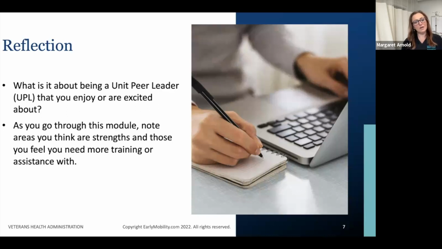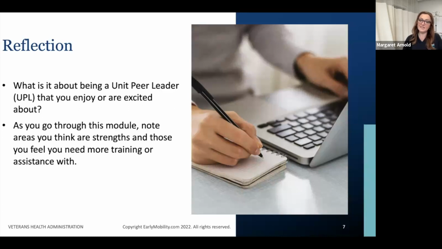Perhaps you were told that you needed to be a unit peer leader. As you go through these modules, I hope that you will see the value that you bring through your knowledge and your skills to your teammates, your co-workers, your patients, your veterans, their families, and to your unit and your facility.